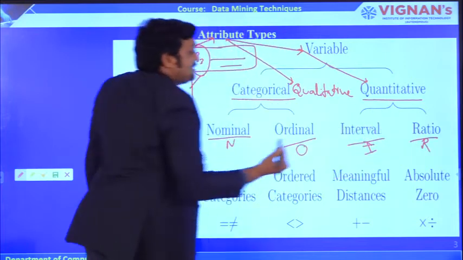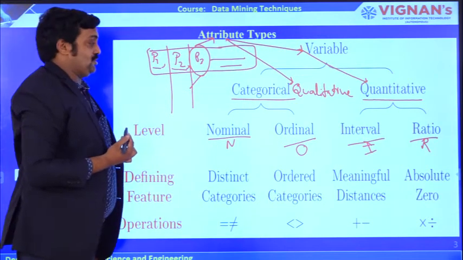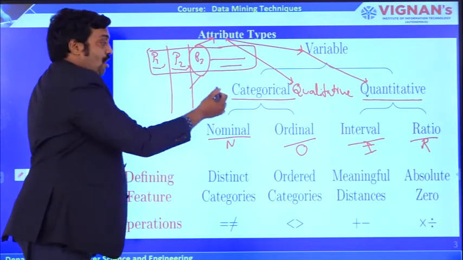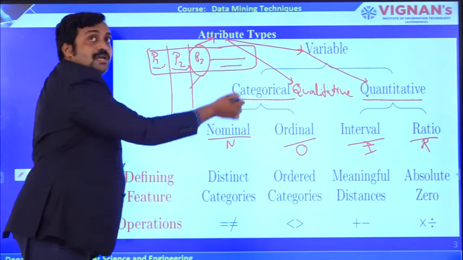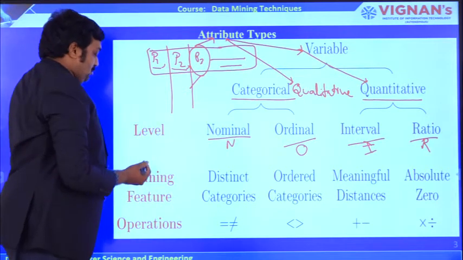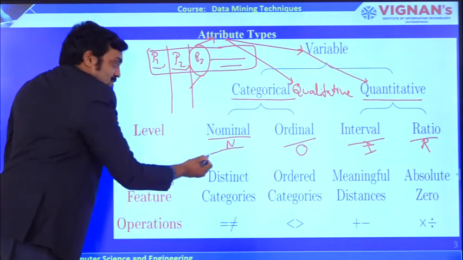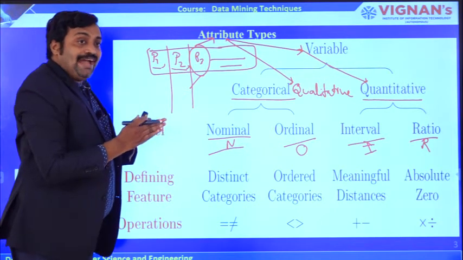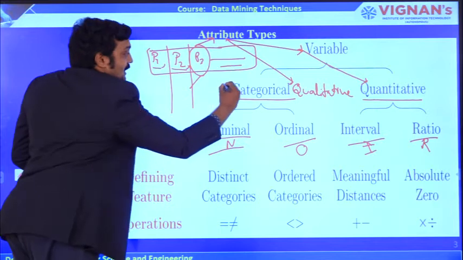So, what is the difference between these four attributes? NOIR: nominal attributes, ordinal attributes, interval attributes, ratio attributes. Now, the nominal attribute's purpose is classifying the values into categories.